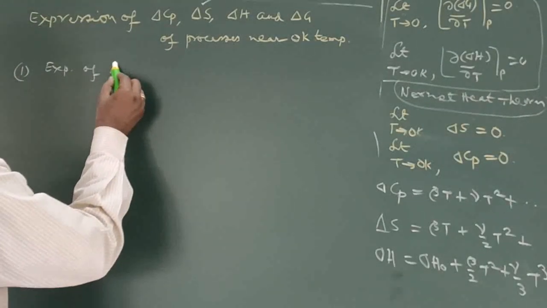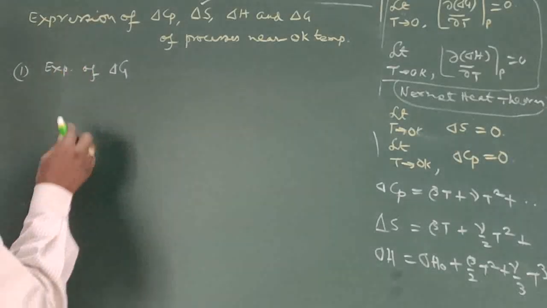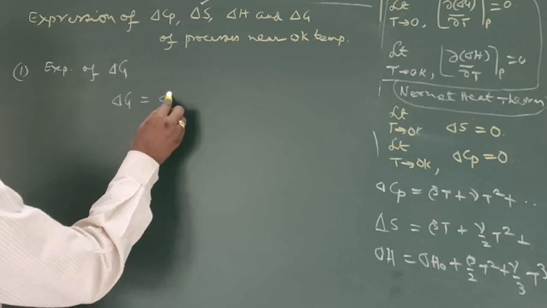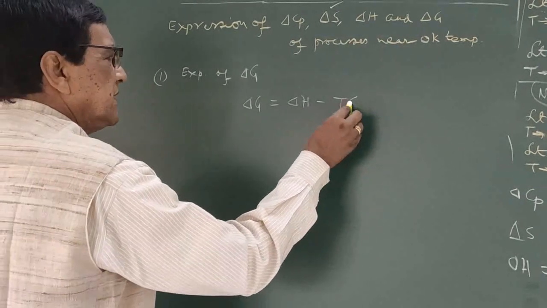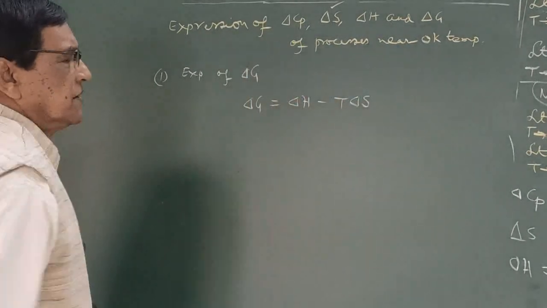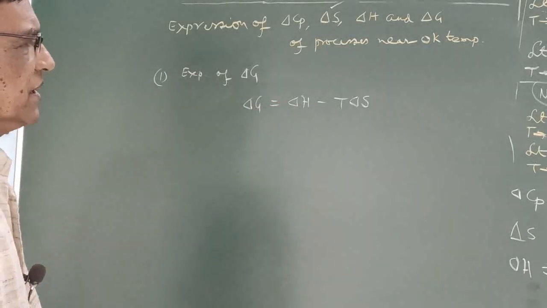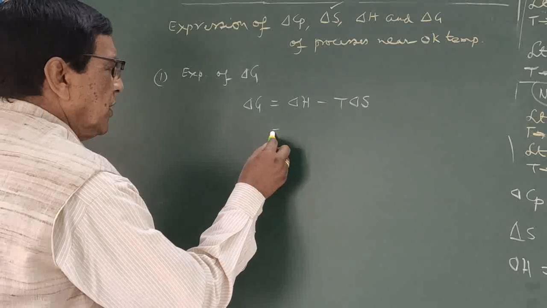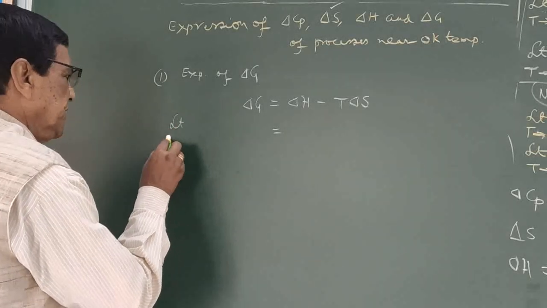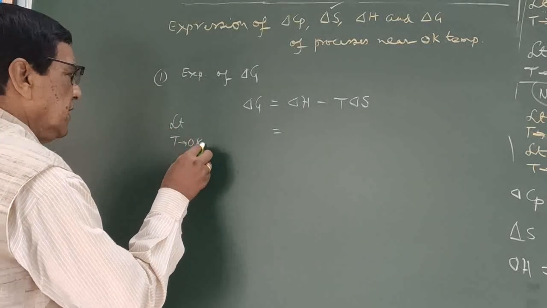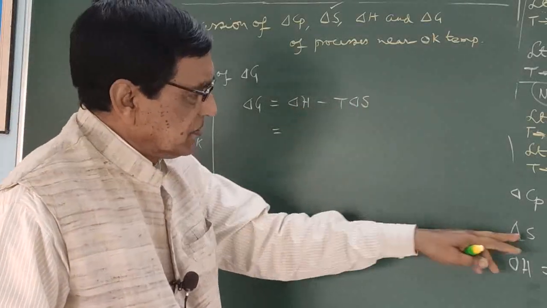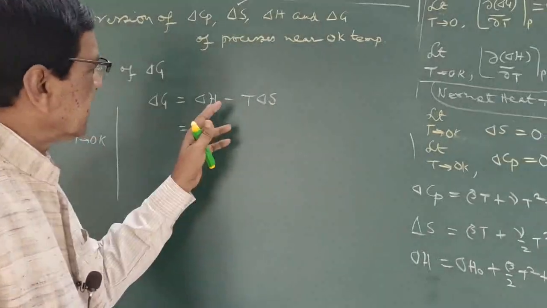We know delta G equals delta H minus T delta S. This is the relation at constant temperature and pressure. Whenever the limit T tends to 0 Kelvin, we can put these relations here.